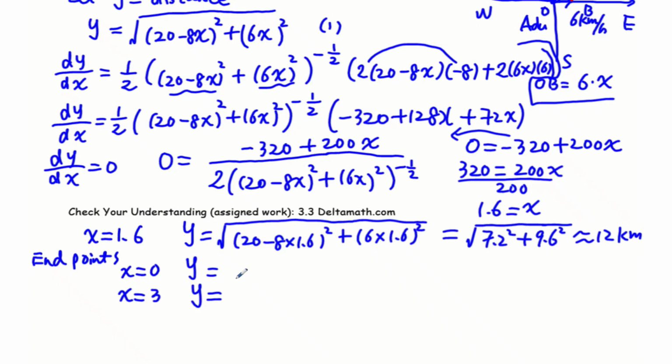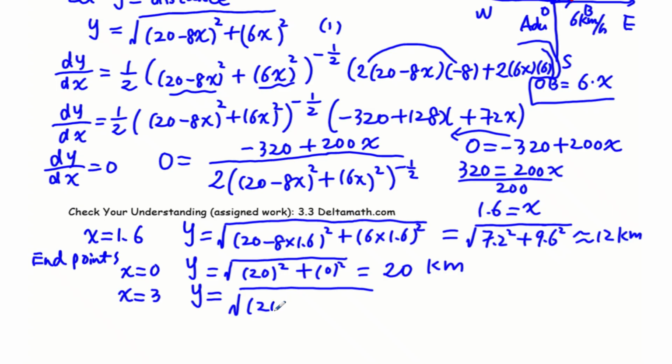Then x equals 0 will give us the square root. Sub in 0, we only have 20 squared plus 0 squared. We have 20 kilometers. And after 3 hours it will be (20 minus 8 times 3) plus (6 times 3) squared.